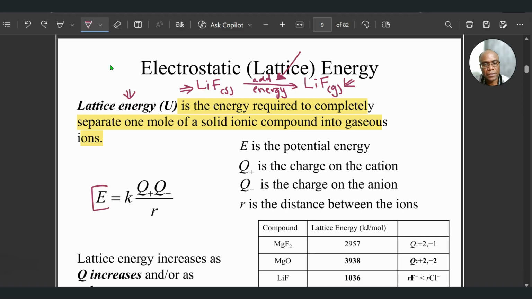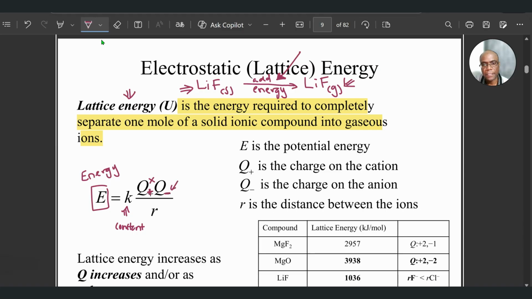So let us use E to represent that energy required to convert solid ionic compound to its gaseous state, and it's going to be equal to a constant K, that's just a constant, times the charge on the cation. We know that cations are positively charged, so we'll call that Q plus, multiplied by the charge on the anion.